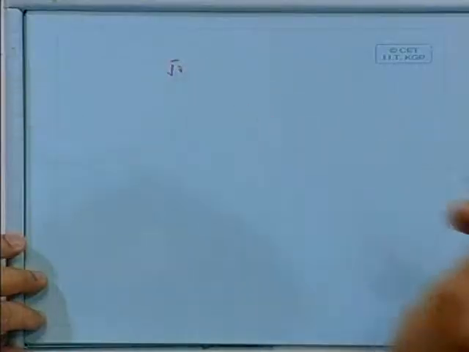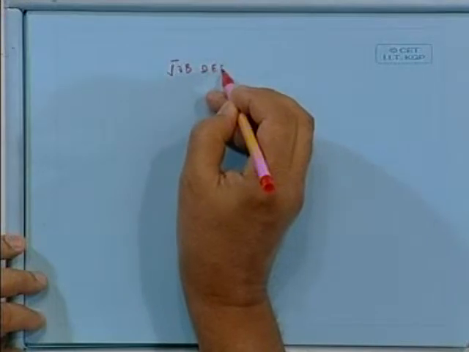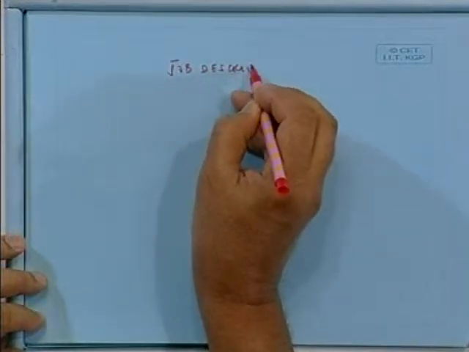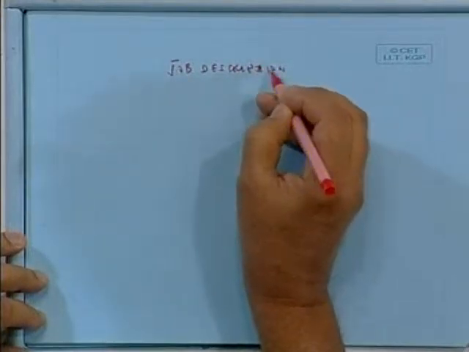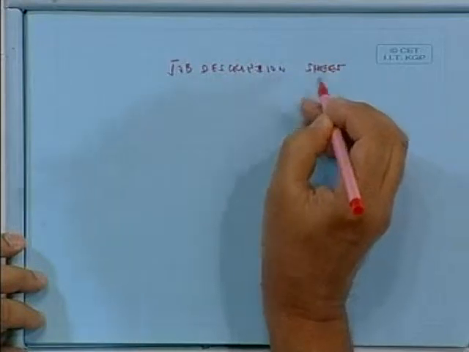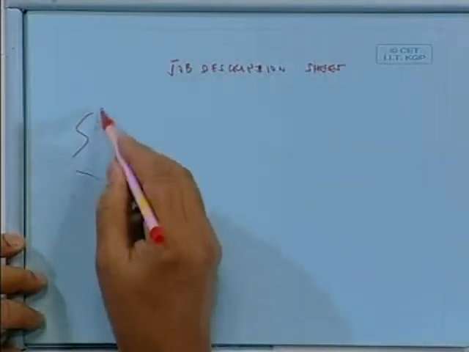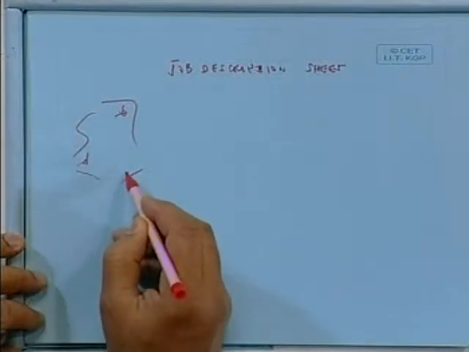You have to manufacture, let's say, a component. A job description sheet will tell you all those things which are relevant. Usually it will give you a drawing. Let us say this is a component.